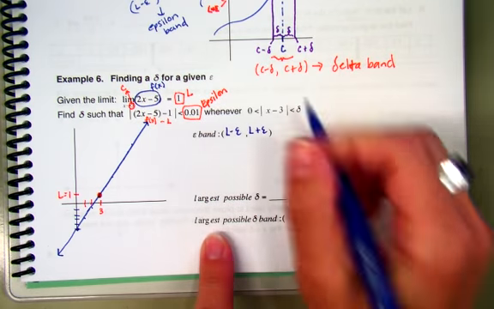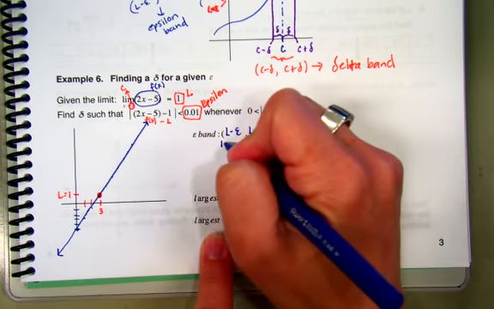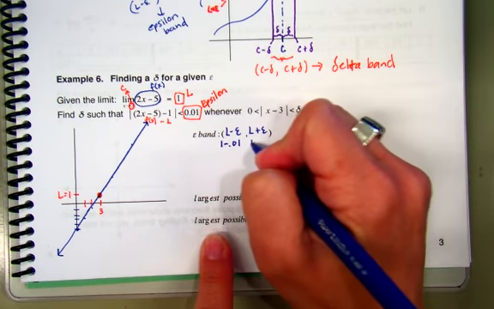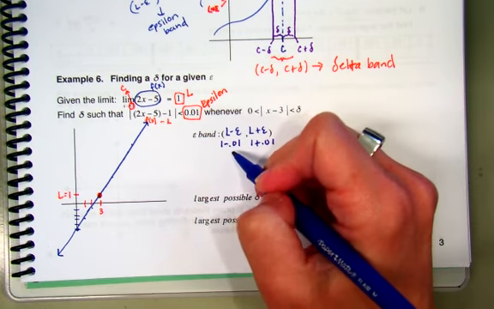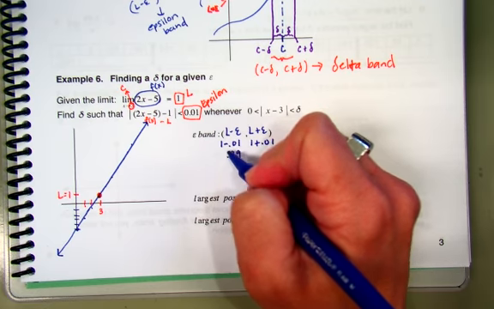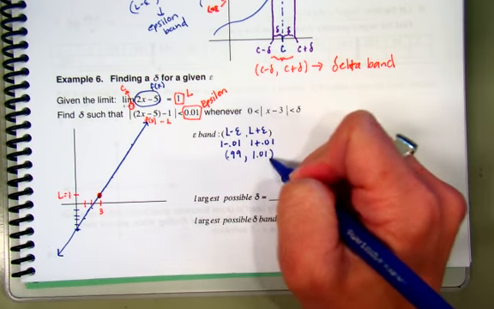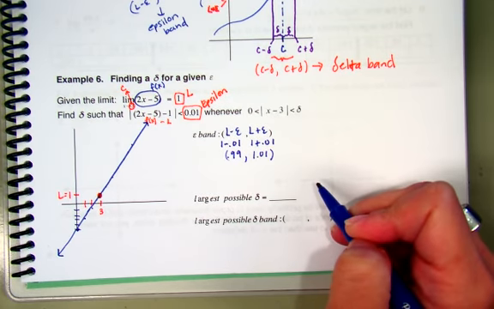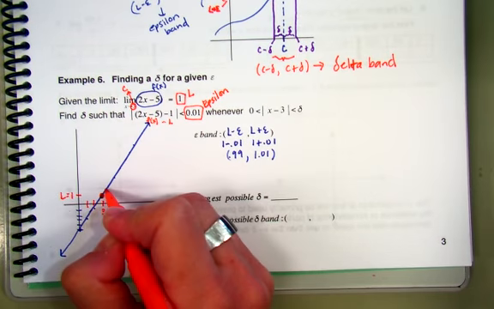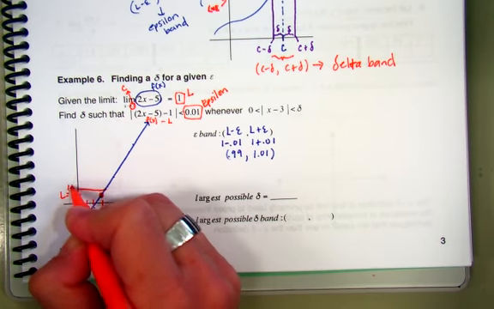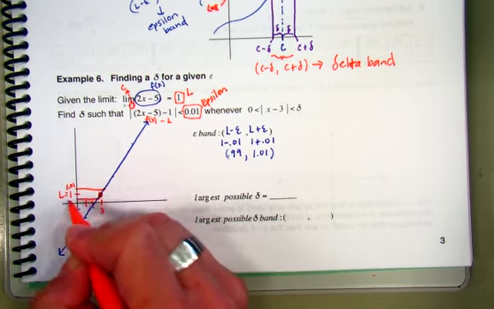Since L was 1, I do 1 minus 0.01, and then 1 plus 0.01. So I get 0.99, and I get 1.01. You can draw it in your graph if you want to. So this is 1.01, and this is 0.99.